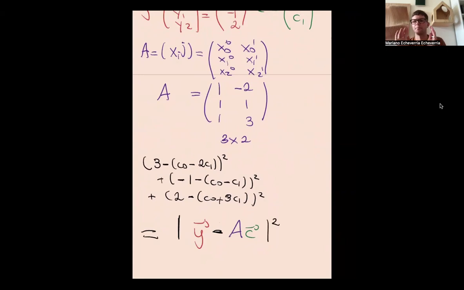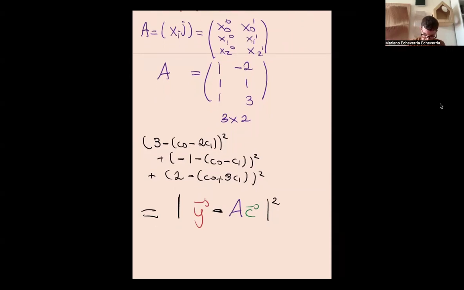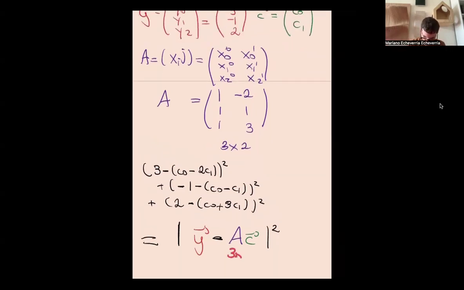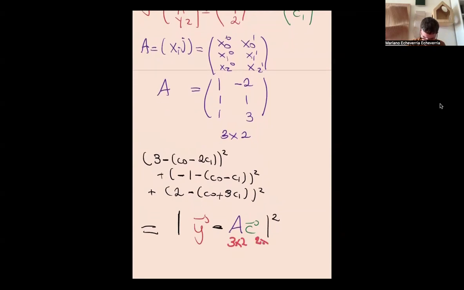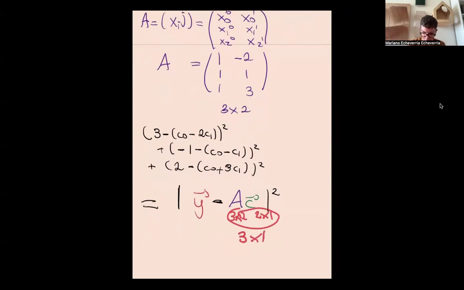Basically, you subtract A times C from y as vectors. Because this is 3 by 2, and the vector is 2 by 1, you can multiply these two out, and then you get a 3 by 1 vector. So you can subtract these two vectors, and the length squared of that vector is what this thing corresponds to, the thing that we're trying to minimize.